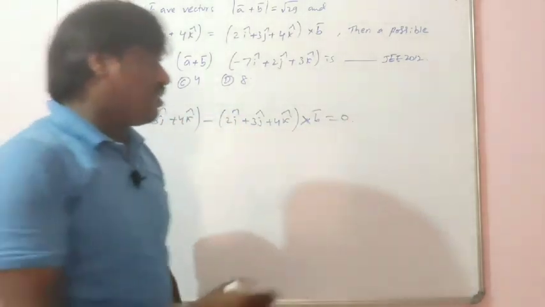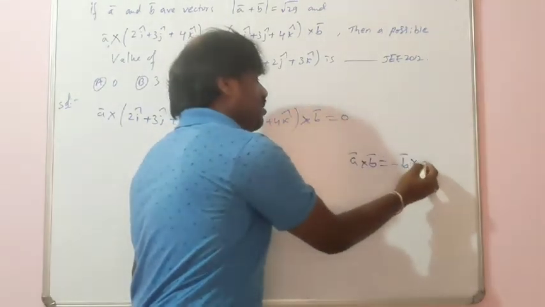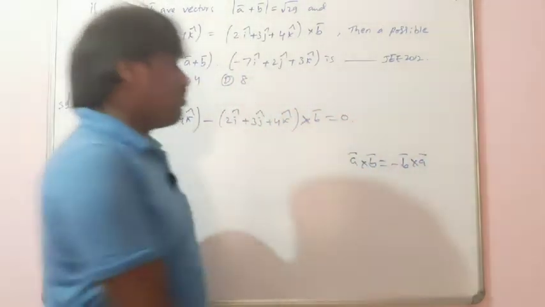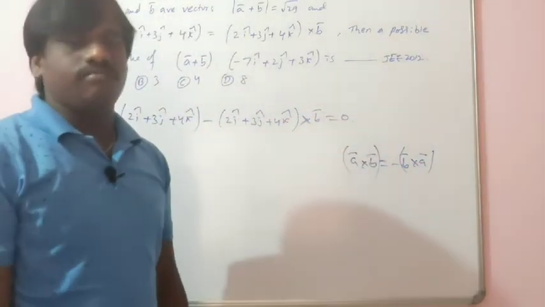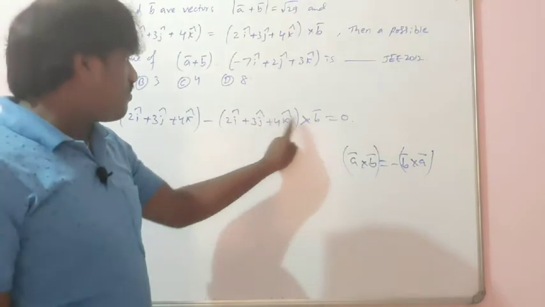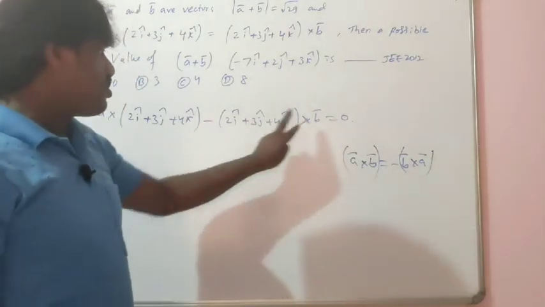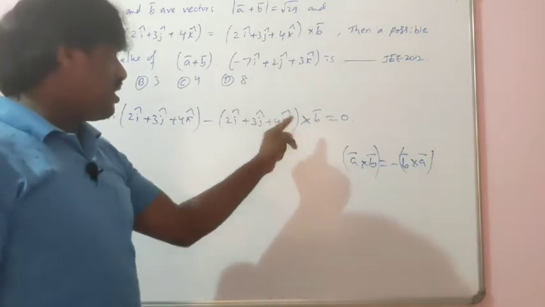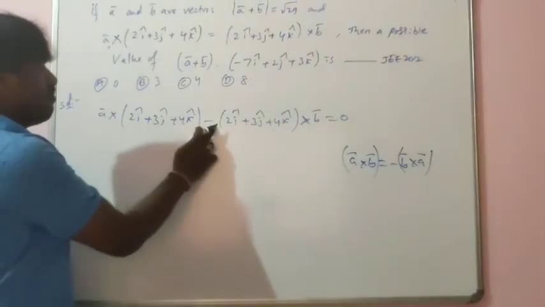You know that A cross B will be equal to minus of B cross A. So if I make it B cross A, then minus into minus is plus, because I have to get A plus B here.